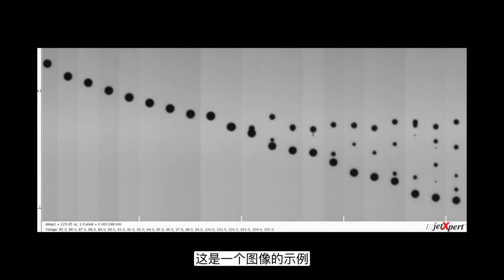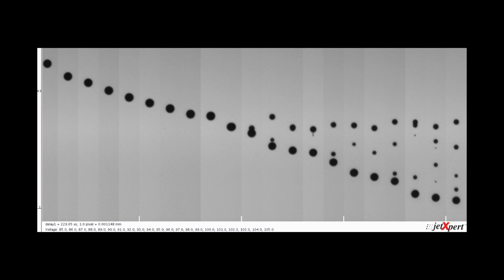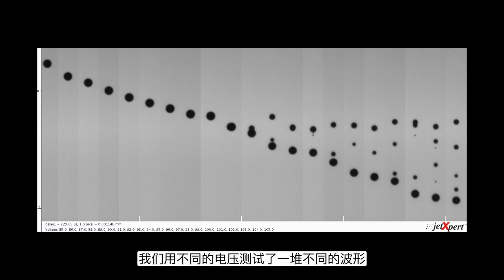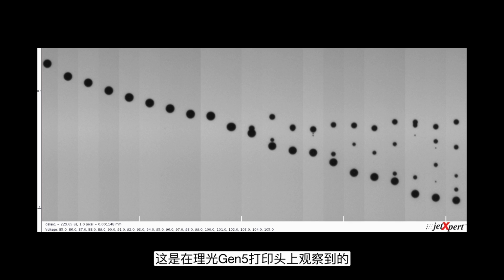So here's an example of an image where each different slice of the image uses a different voltage scaling. The lowest voltage is over on the left, the highest voltage is over on the right. So we test a bunch of different waveforms with different voltages and take a look at the jetting. This was captured on a Ricoh Gen 5 printhead, and it uses GIS drive electronics.